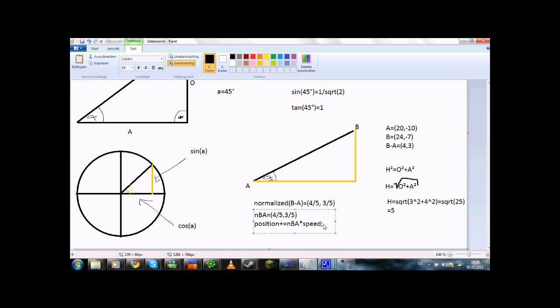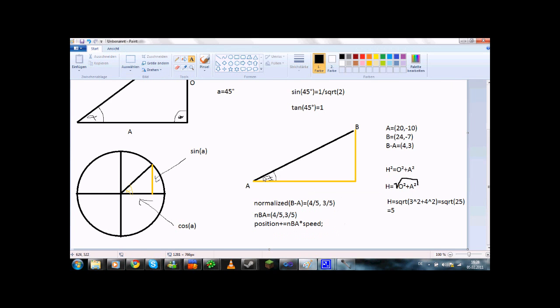So I can then figure out how long it will take me to go from A to B, because I know the length of the way from A to B is 5.